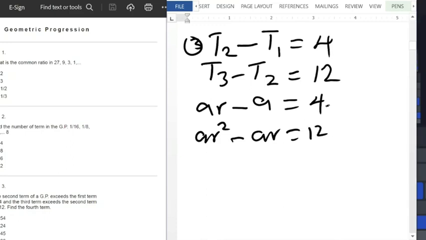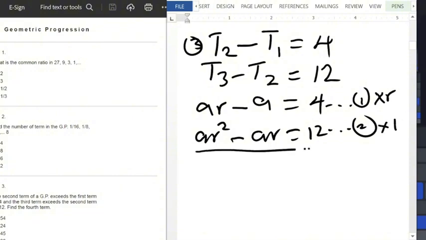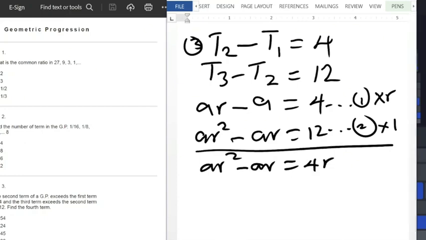So this is equation 1 and this is equation 2. You can now multiply equation 1 by R, and equation 2 by 1. In doing this, we have AR squared minus AR equals 4R, from equation 1. Then equation 2, AR squared minus AR equals 12.